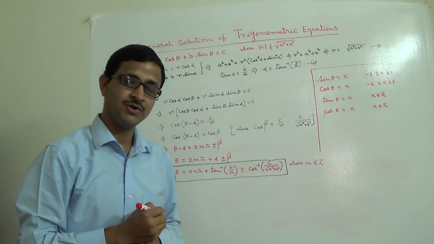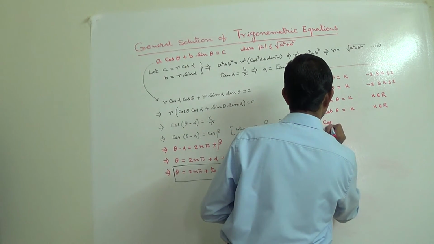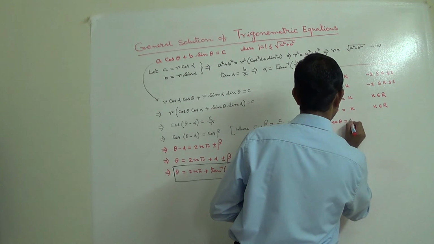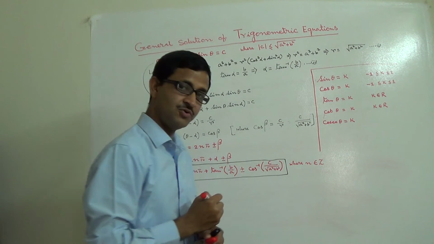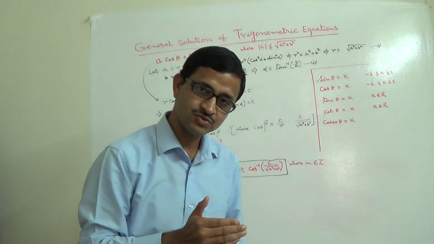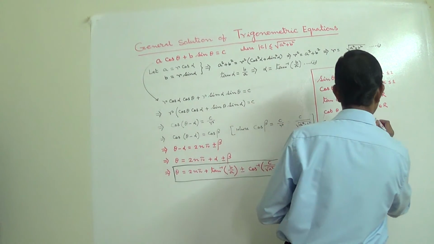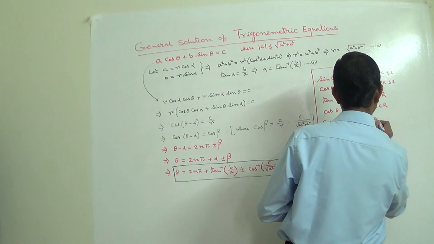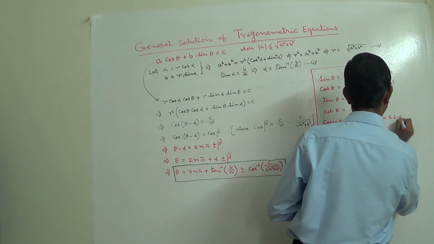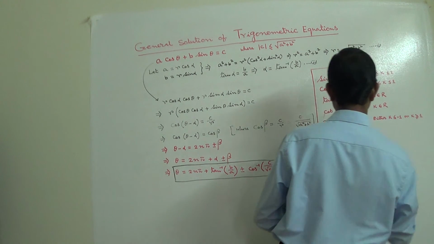Now cosec theta equals k: what will be the acceptable values of k so that we can find the solution to the equation? Here k should be either less than or equal to -1 or greater than or equal to +1.